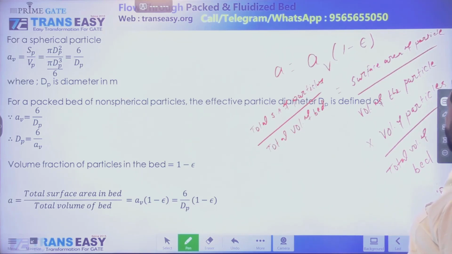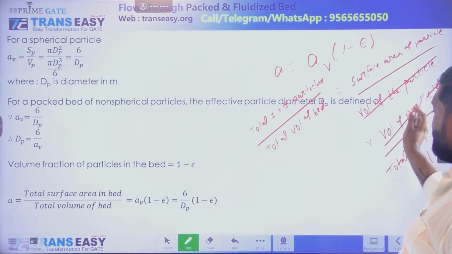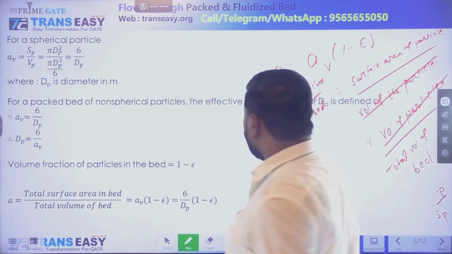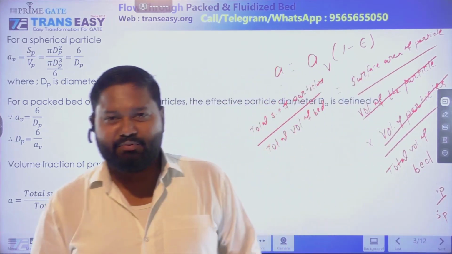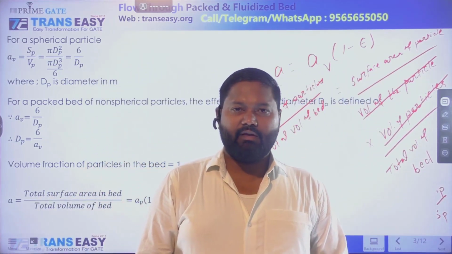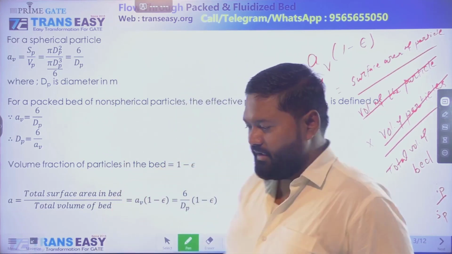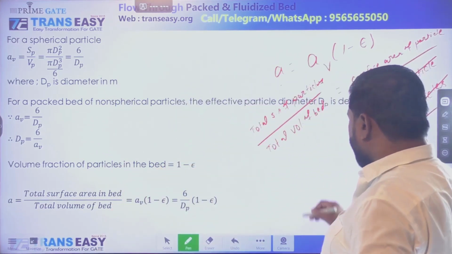Dear students, surface area of the particle upon volume of the particle, so they cancel each other. Surface area of the particle upon total volume of the bed. Left hand side and right hand side both are the same. So guys, this A is AV into 1 minus epsilon: specific surface into 1 minus epsilon.